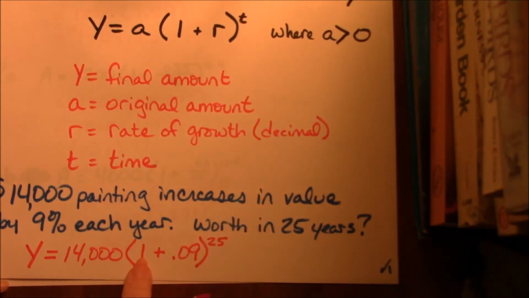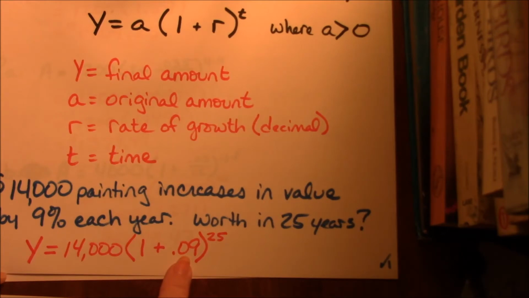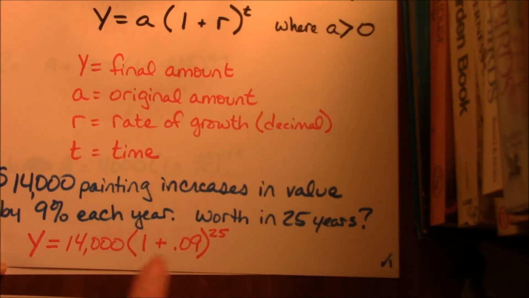So I'm going to add 1 plus 0.09, which is going to get me 1.09. And I'm going to put that in my calculator to the 25th power. I'm going to then take that number and multiply it by 14,000 to see how much the painting is going to be worth then.